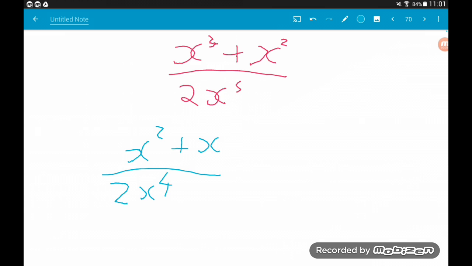We still have a common factor of x in every single term, so we can divide through again, which is going to leave us with x plus 1 over 2x cubed.